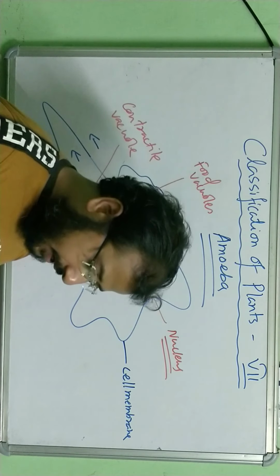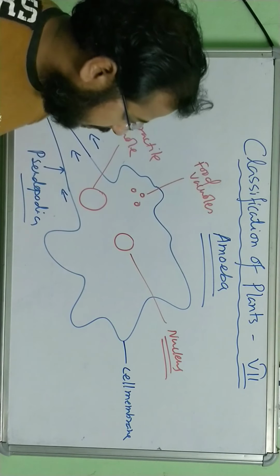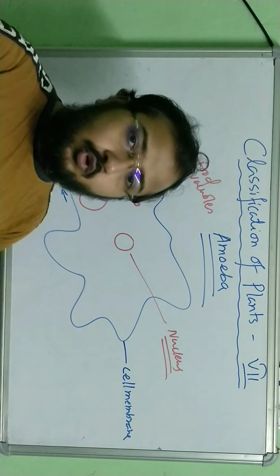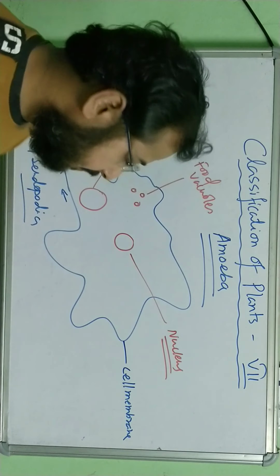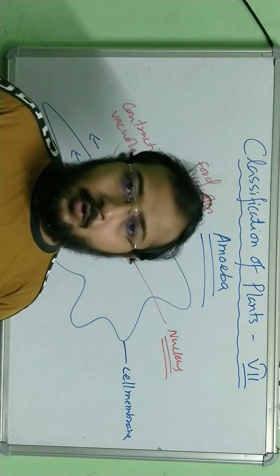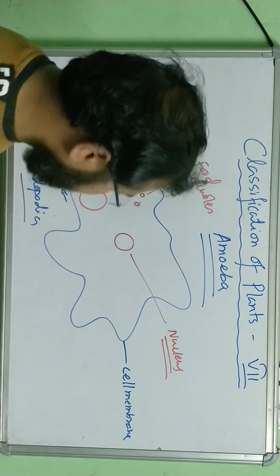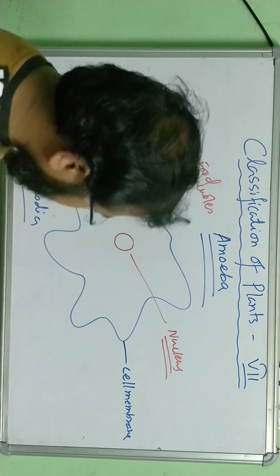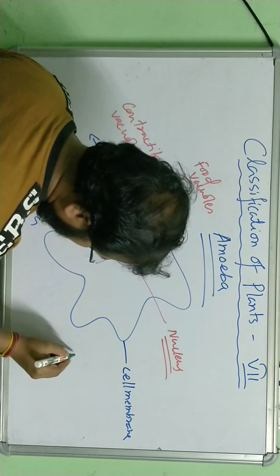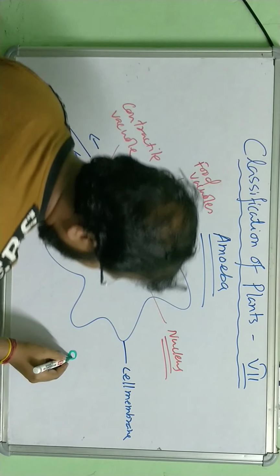Now next, how an amoeba feeds. This is very interesting. See, whenever the amoeba senses any food nearby its cell, it extends two pseudopodia towards the food. Okay, for example, suppose a food is found here.